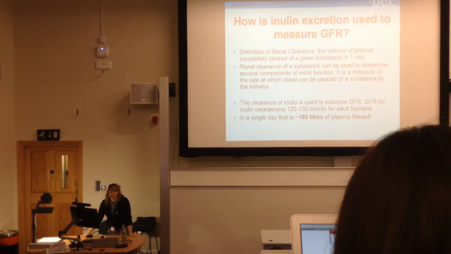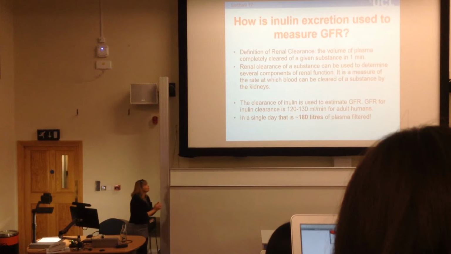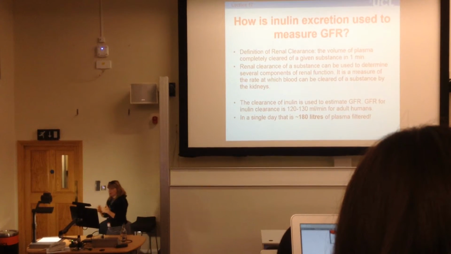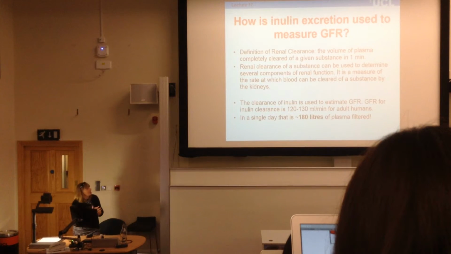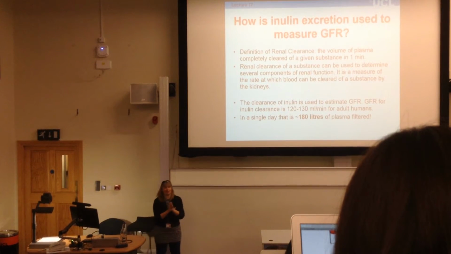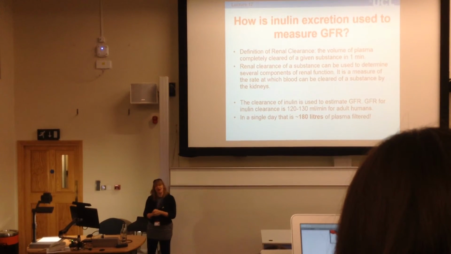Now, when we calculate the clearance of inulin, it estimates that glomerular filtration rate is around 120 to 130 mils per minute in a normal adult human. So that's over 180 litres of plasma that are filtered per day. So your kidneys are pretty efficient and they're running at full speed all of the time.